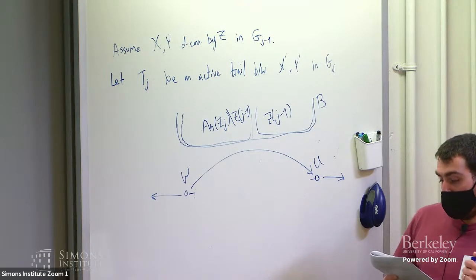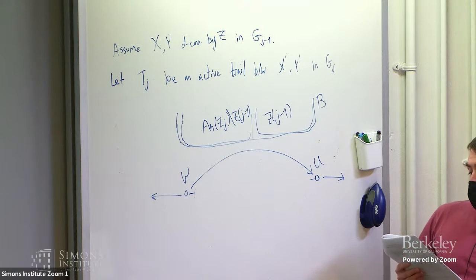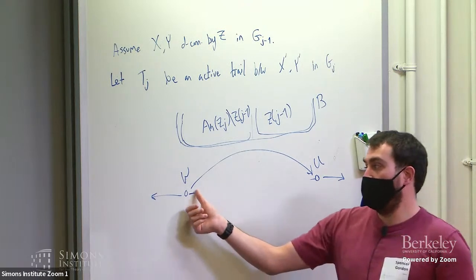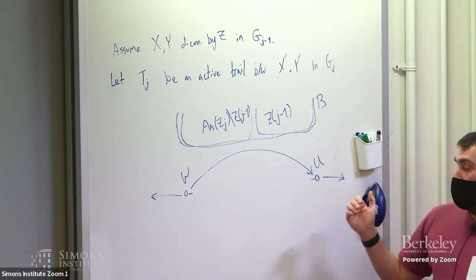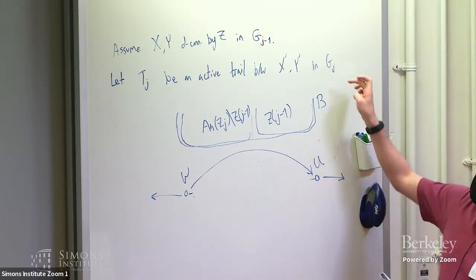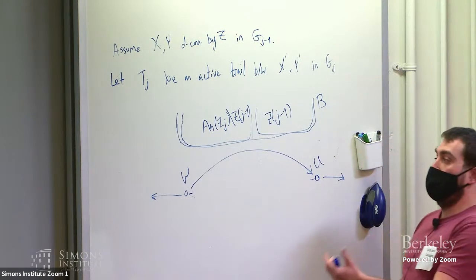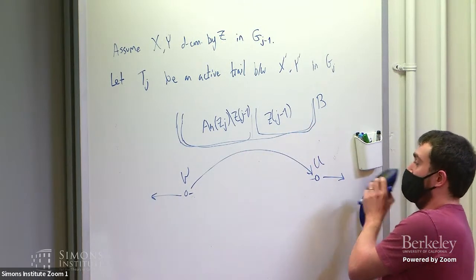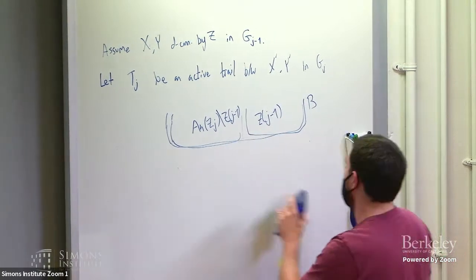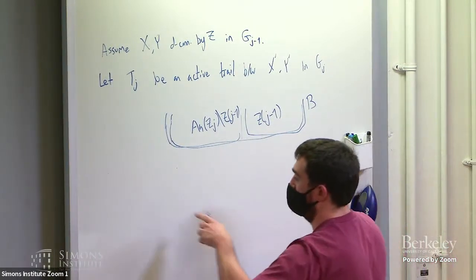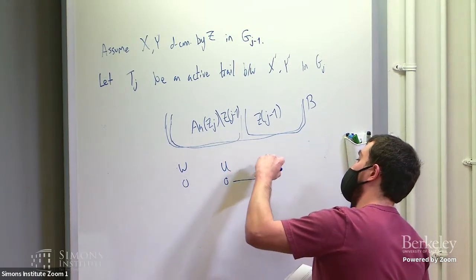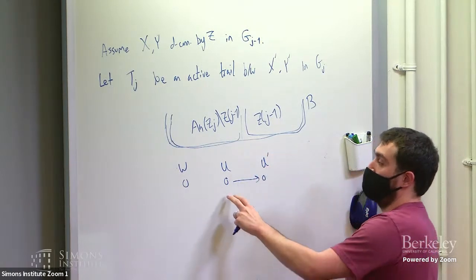And in particular, we know that in GJ, any active trail must, any time it visits this set, do so with a segment that looks like this, basically.